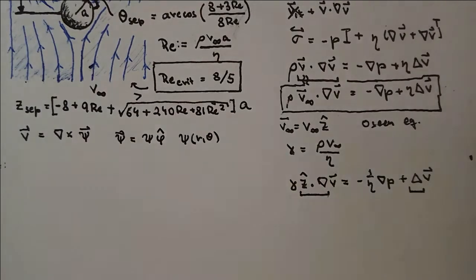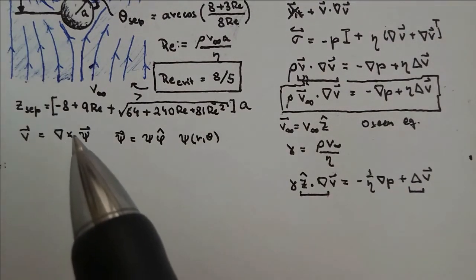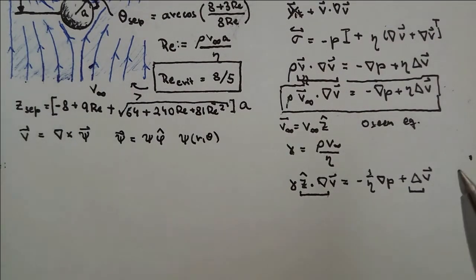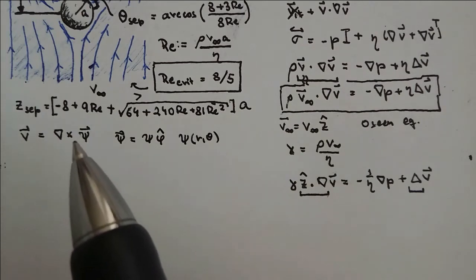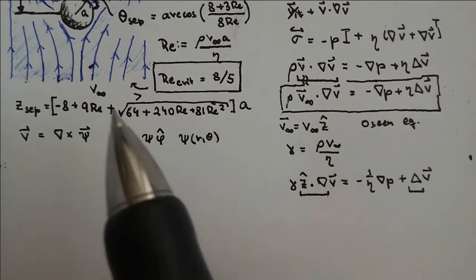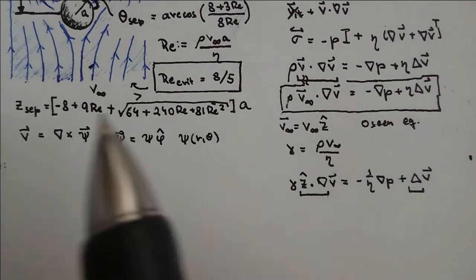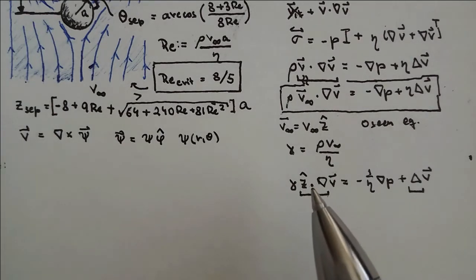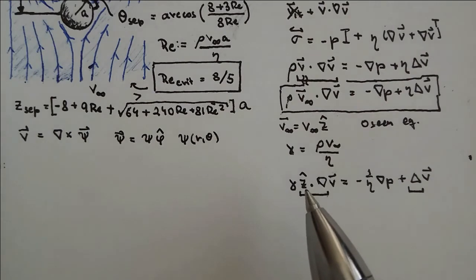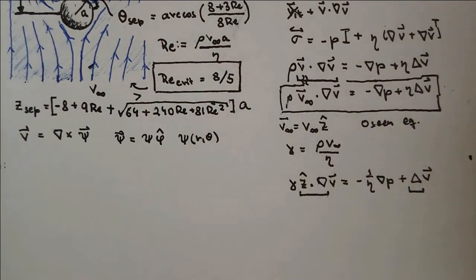What does it mean? It means that you can switch this operator, which is a vector, with this, because derivatives are switchable, and this can also be switched because the derivative of the z vector is 0, since it's a constant vector field. So this equation will read this.